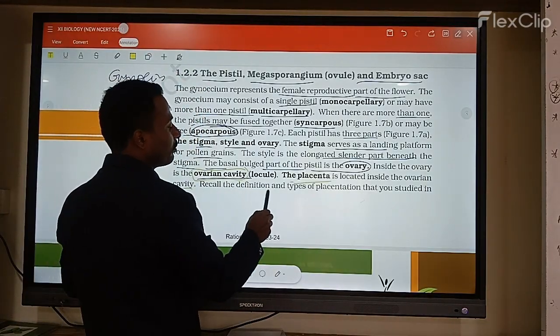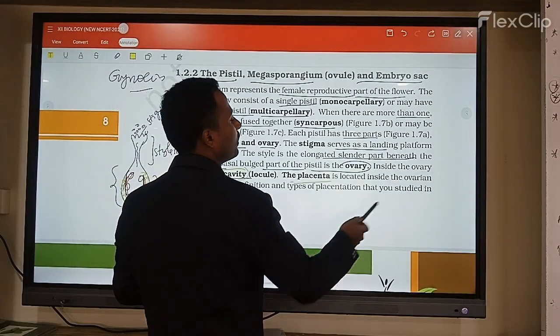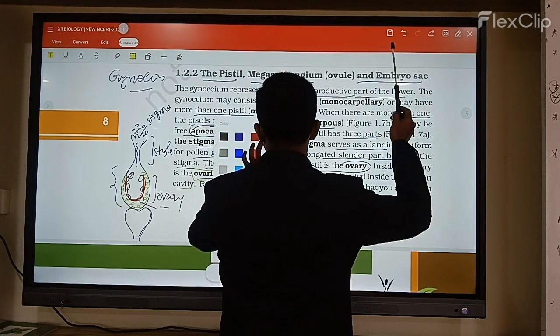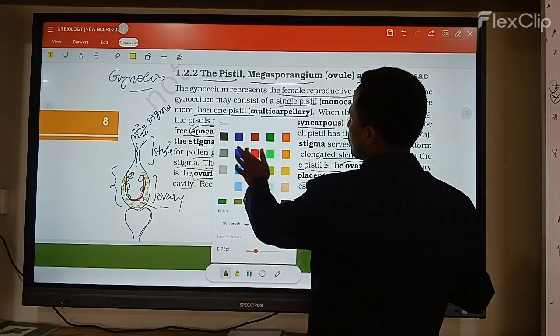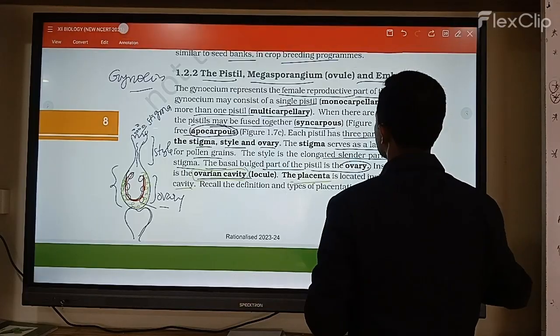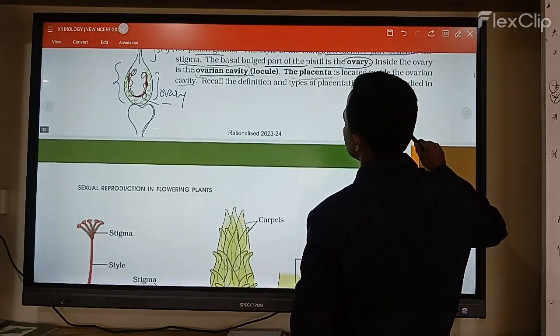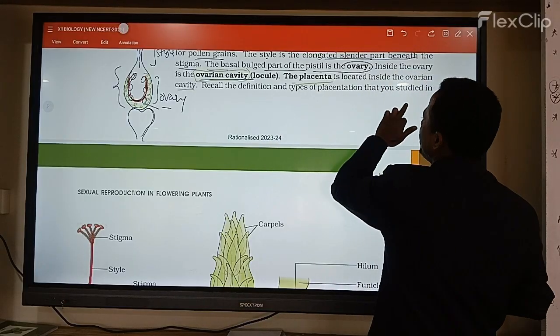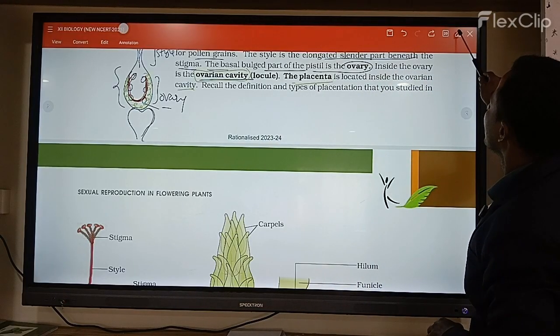Recall the definition of the types of placentation you studied. When you observe the different types of ovules, there are different types of placenta. Here, recall the definition of the types of placentation you studied in your classes.